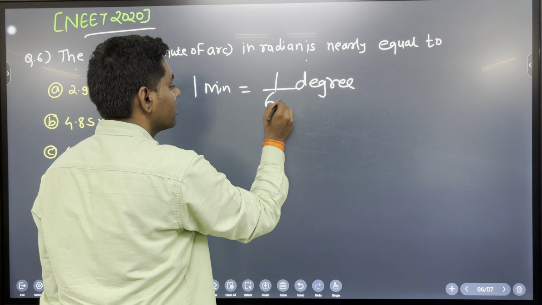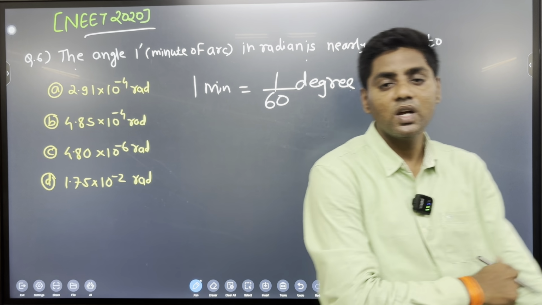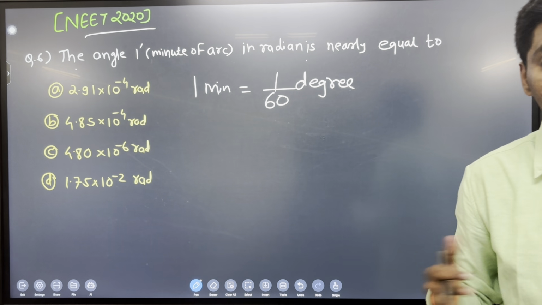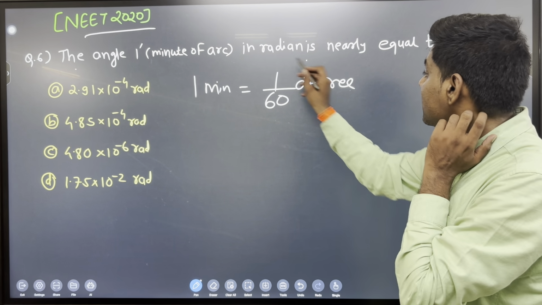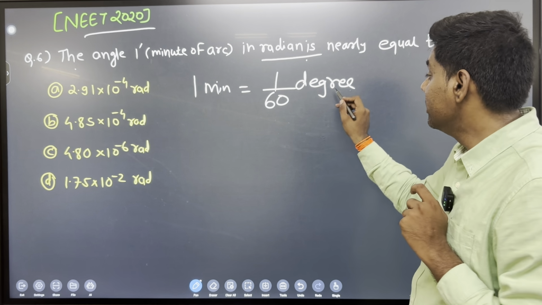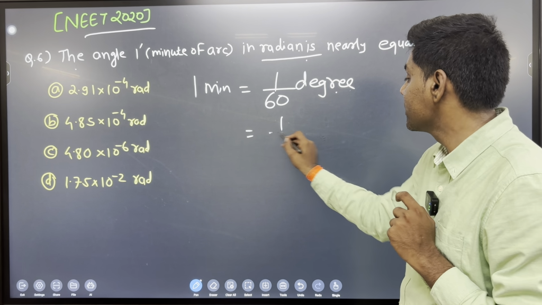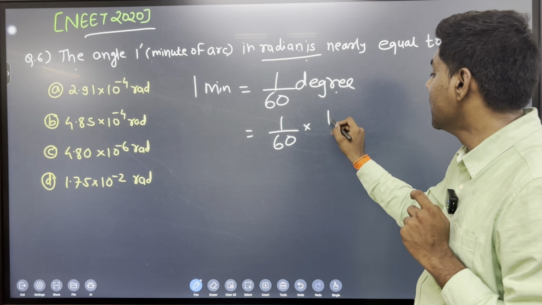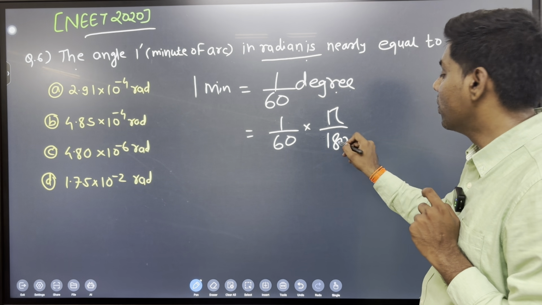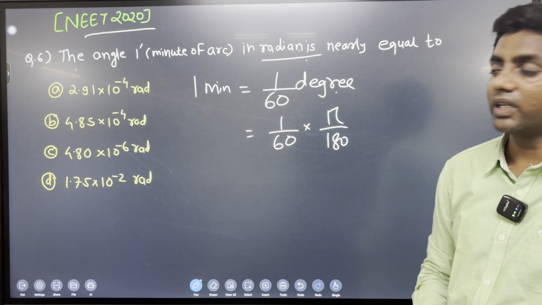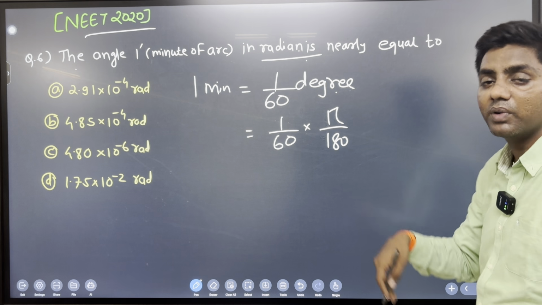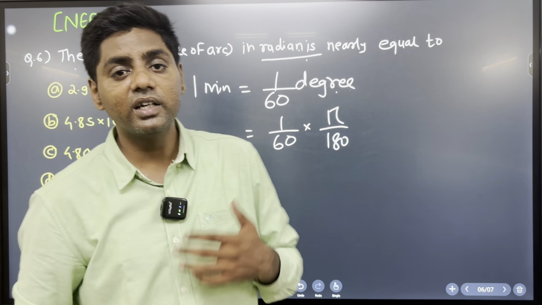Remember it becomes 1 by 60. So 1 minute equal to 1 by 60 degree, and we have to convert in terms of radian. So degree to radian conversion कैसे आएगा? Degree to radian conversion is pi divided by 180. So this is the formula. You have to remember how to convert the degree in terms of radian.